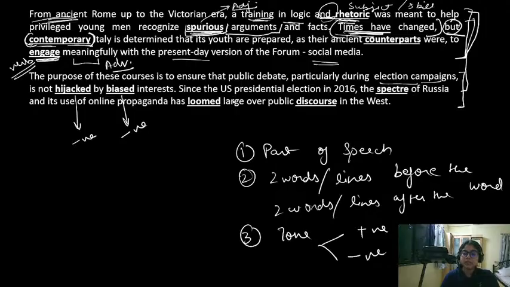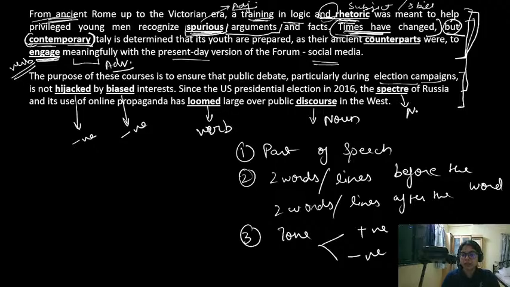Since the US presidential election in 2016, the specter of Russia and its use of online propaganda has loomed large over public discourse in the West. Okay, public discourse in the West. So public discourse has to be a noun. Loomed has to be a verb, right?